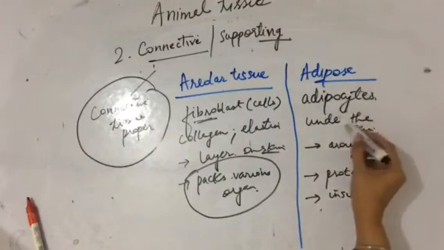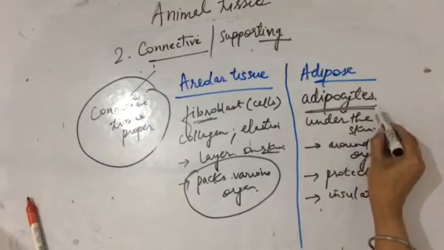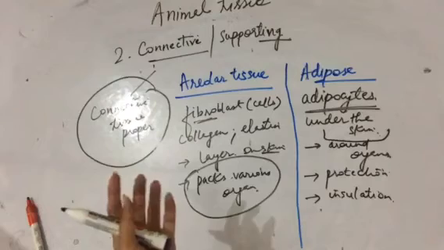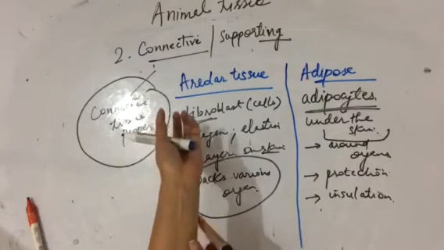Adipose tissue consists of cells known as adipocytes. This layer is present under the skin. That means exactly underneath your skin.